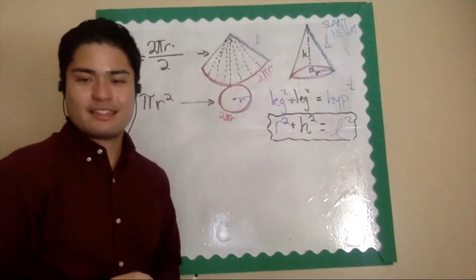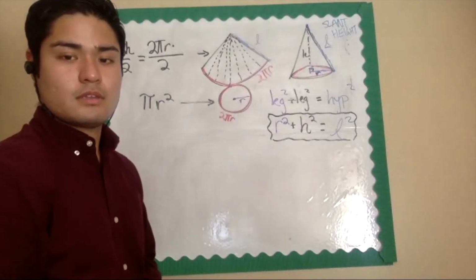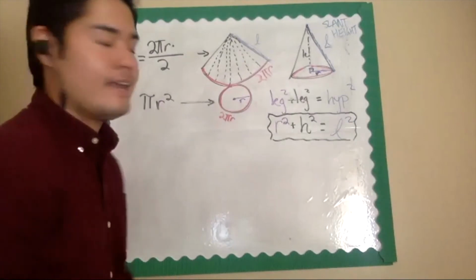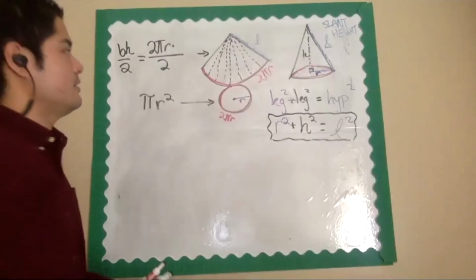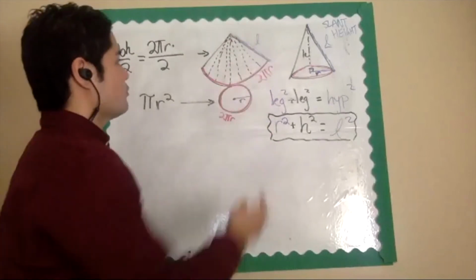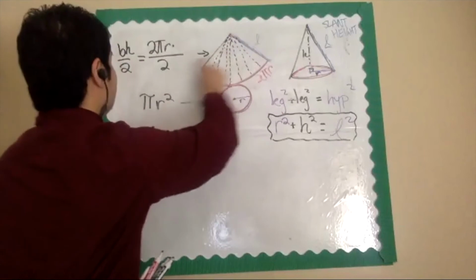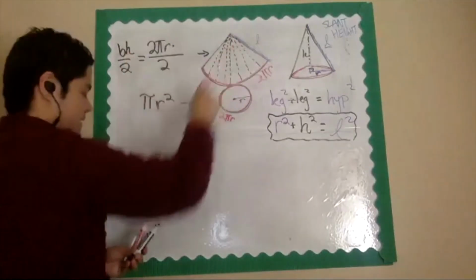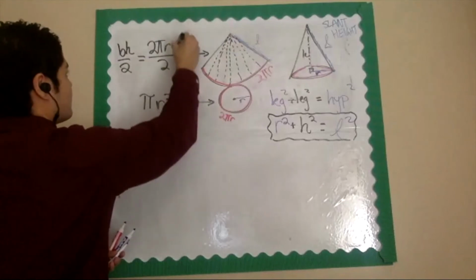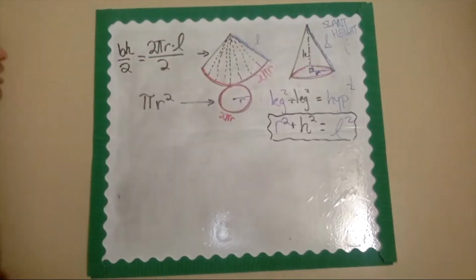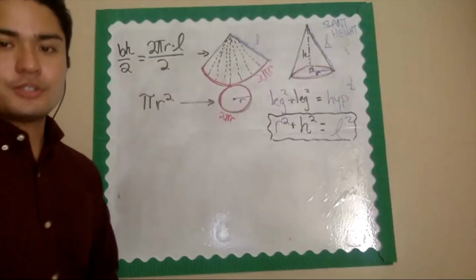What is that length? That length is L. From here to here is the slant height. That's also the height of this triangle. So instead of writing h, I'm going to replace it with my slant height, L. All right, 2 pi r L over 2.